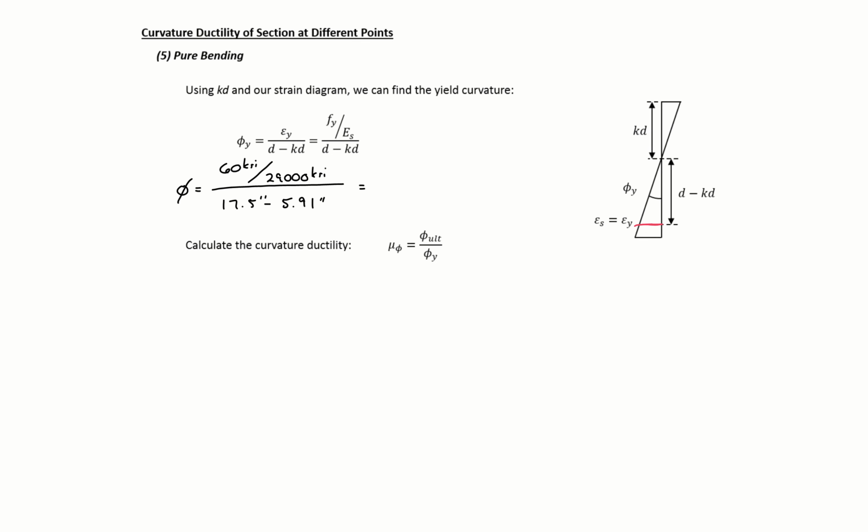So we'll get our yield curvature here to be equal to 1.79 times 10 to the negative 4th radians per inch.